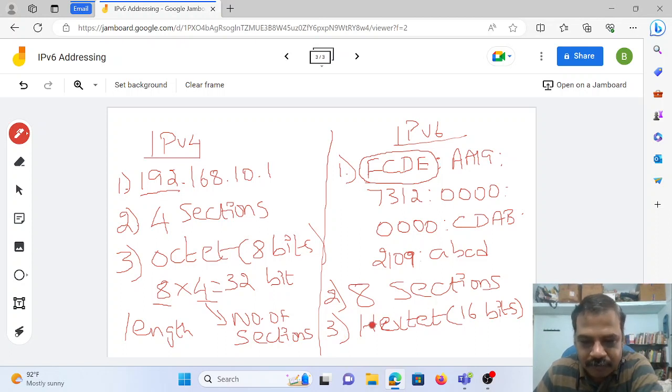Similarly, the length of the section is 16 and we have 8 sections, equal to 128 bits.